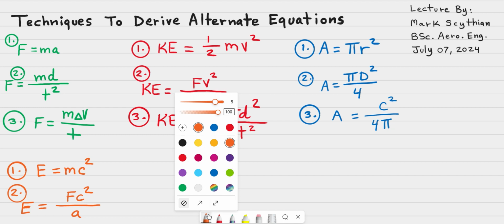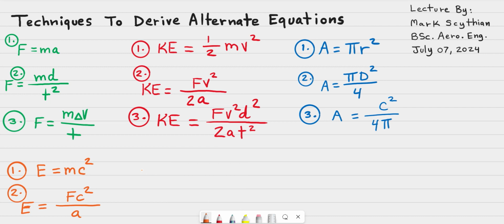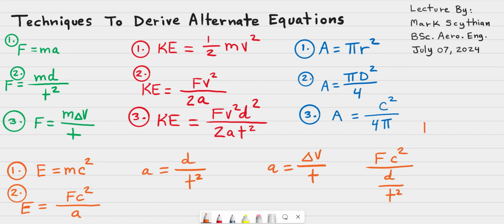So a third derived alternate equation could also equal a redefinition of acceleration: d over t squared, and we also have the change in velocity divided by time for acceleration, so we could redefine it as force times the speed of light squared divided into distance divided into time squared. So this becomes fc squared over 1, and we'll get this reciprocal ahead of time, so this becomes t squared over d, or time squared divided into distance.